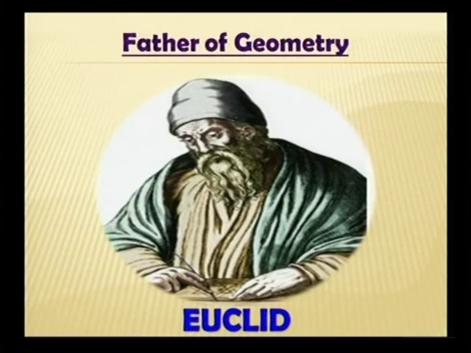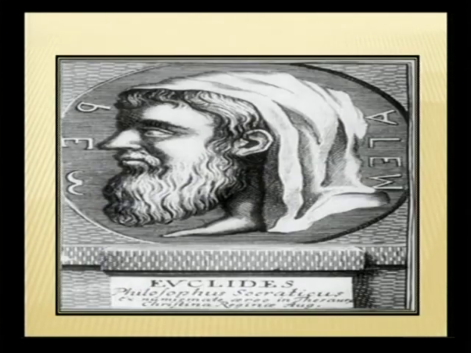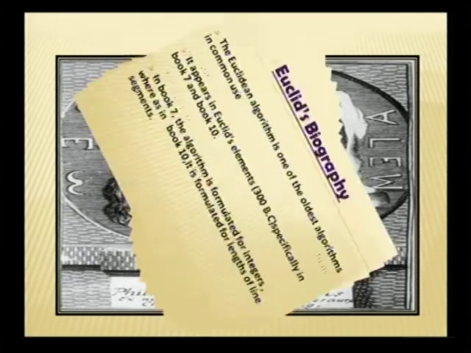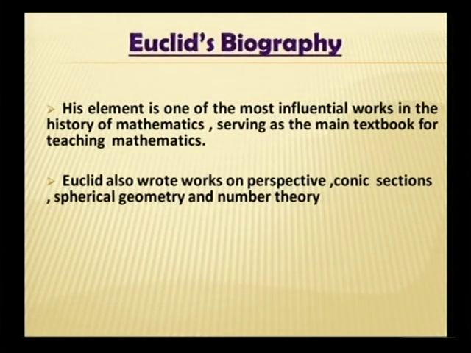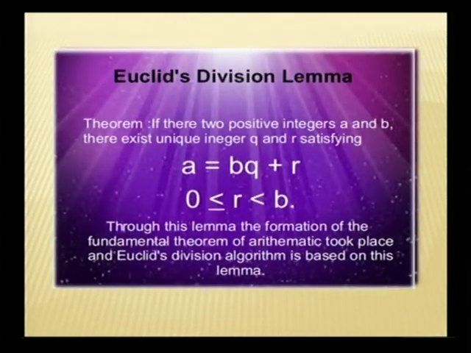You can see here the picture of Euclid. This is also a picture of Euclid, and you can see his biography here, and this is also a biography of Euclid, and this is Euclid division lemma. This is the theorem of Euclid division lemma, and the condition is a equals bq plus r, where 0 is less than or equal to r and r should be less than b.